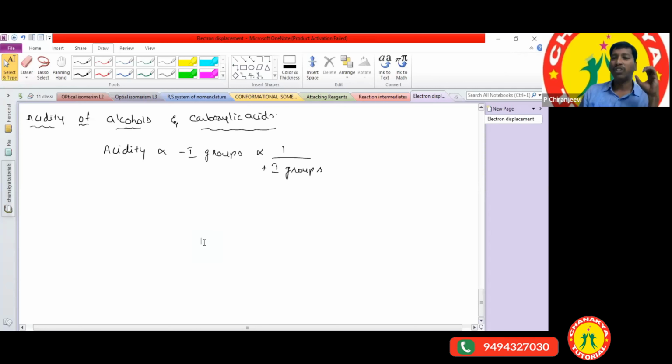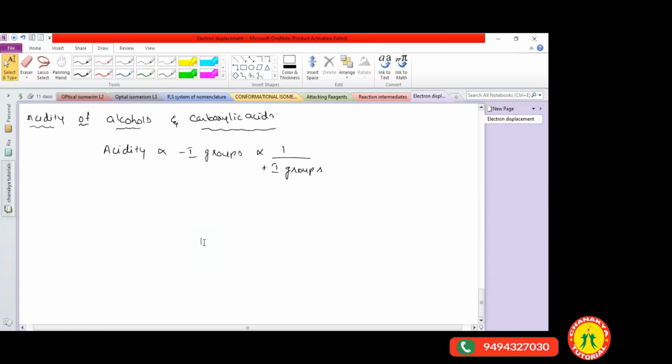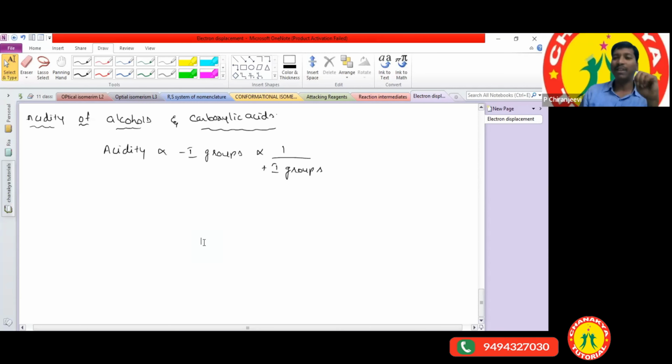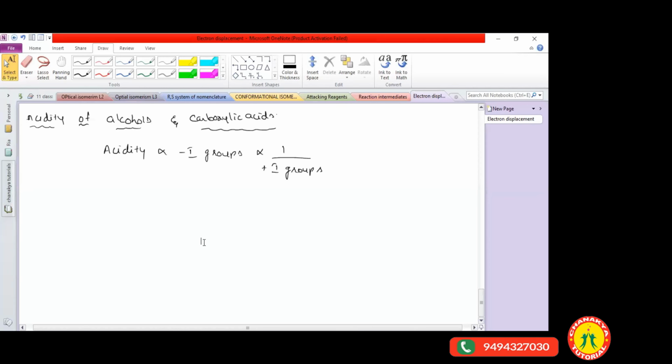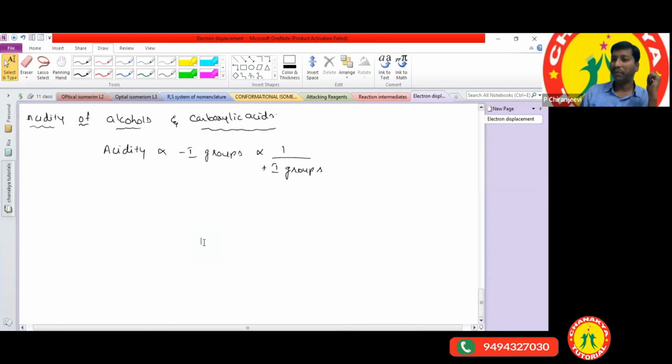We have strong acids and weak acids. A strong acid is a substance which undergoes complete dissociation. What are examples of strong acids? Sulfuric acid, HCl. Very good, ma. HCl, HNO3, H2SO4, all these are mineral acids.